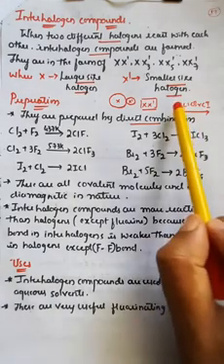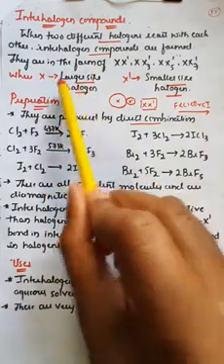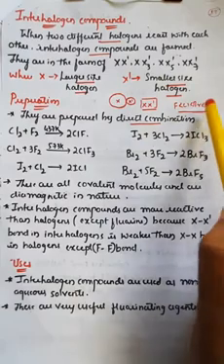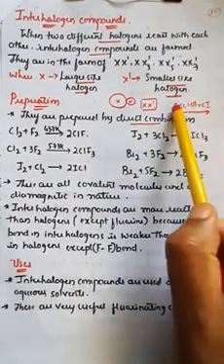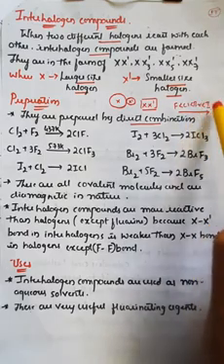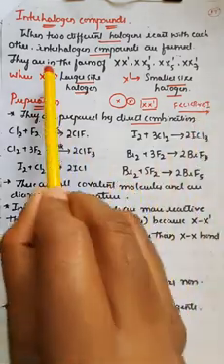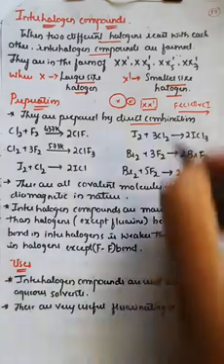So fluorine can bond with all three, but it must be as the smaller size halogen reacting with the larger size halogen. Iodine can bond with bromine, chlorine as well as fluorine. But bromine can bond with chlorine and fluorine only, it cannot act as the larger atom bonding with iodine, right? Because bromine is smaller than iodine. So remember this concept: it must always be in the form of XX'.